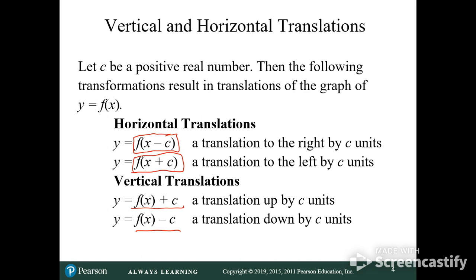So, a slide to the left is a plus sign inside the parentheses. A slide to the right is a minus sign inside the parentheses. A slide up is a plus sign outside the parentheses, and a slide down is a minus sign outside the parentheses. So we're just sliding things around.